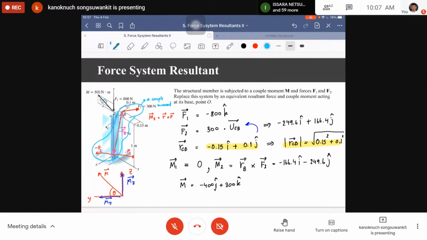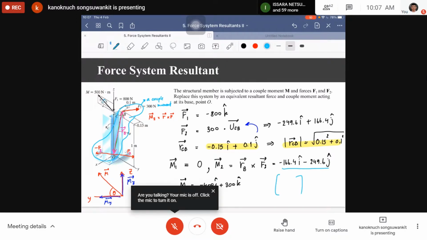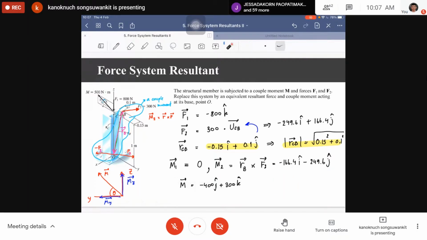Yes, by using the matrix or using this form, the cross product directly. Wait, you can multiply like that? Yes. Okay. Like i cross j becomes k like that.